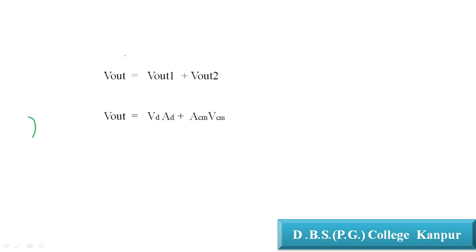Now we discuss what the output is in this condition. The final output is the sum of output 1, which is the differential mode, and output 2, which is the common mode.